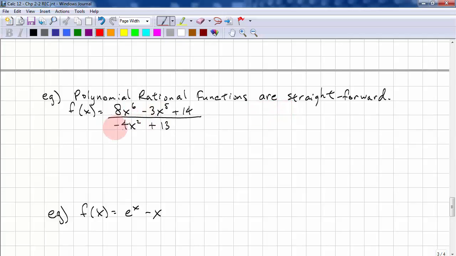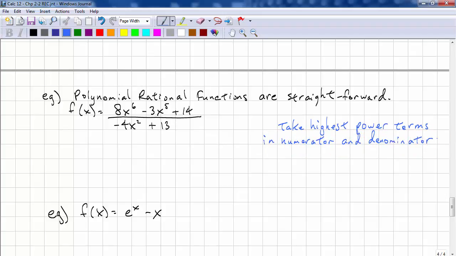All we have to do is look at the highest power term in the numerator and the denominator, and that's going to be our g of x. Okay, so our g of x equals 8x to the power 6 over negative 4x squared, and this simplifies to negative 2x to the power 4.